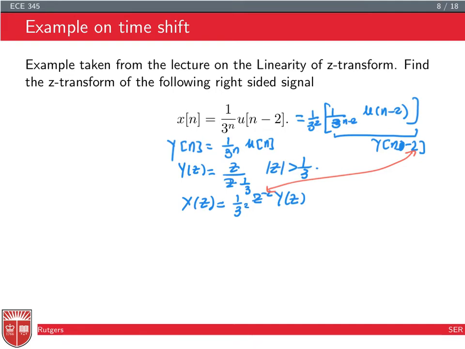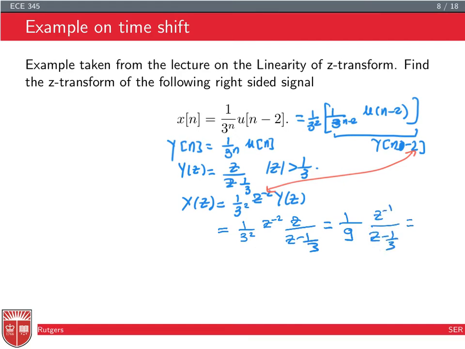Now I can just replace Y of z by its value. So I have 1 over 3 squared, z to the power minus 2, and Y of z is z divided by z minus 1 over 3. Now you get 1 over 9 times z to the power minus 1 divided by z minus 1/3.